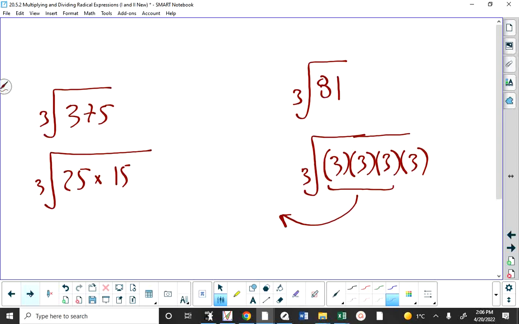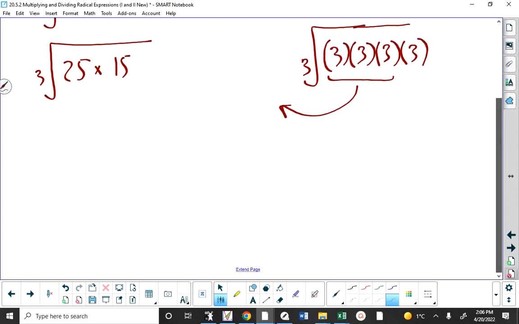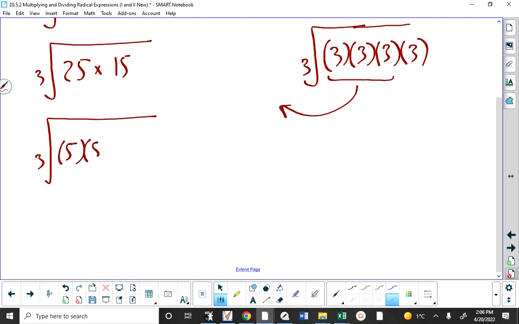So from there, I can easily break this down because 5 times 5 is 25. So I have a 5 times a 5. 15 is 5 times 3. Oh, this is nice, because when I extract that group of 3 5s, I'm going to be left with cube root 3s, which will match the cube root 3s in likeness in the first term. So this is 5 cube root 3.